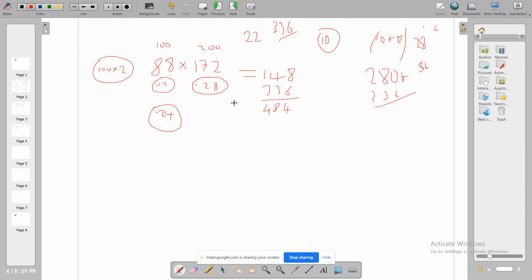Okay. But then we know that we've gotten this part, but that is not all. We are left with something. Who can tell me? We didn't add something. We didn't multiply by the 100.